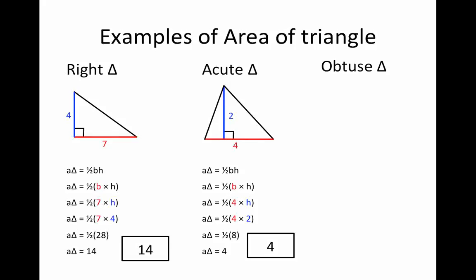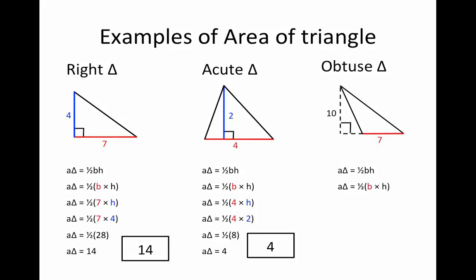Now for an obtuse triangle, it gets even a little stranger. I have this obtuse triangle here. I had to continue the base out. The 7 is the base. I had to continue it out to the left so that I could create a right angle to draw to the height. But once I have it, the formula is the same. The area is just 1/2 the base times the height. I can rewrite it like that.